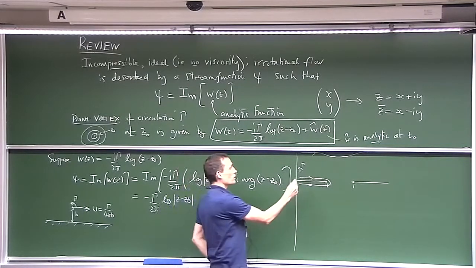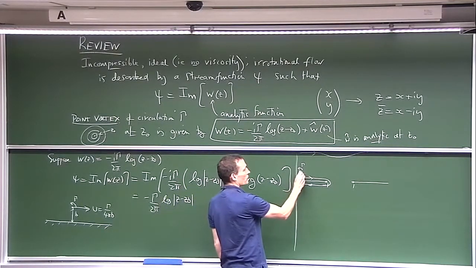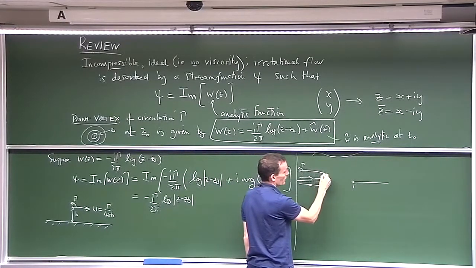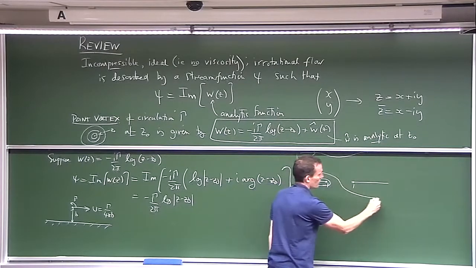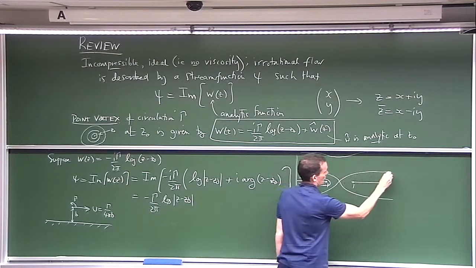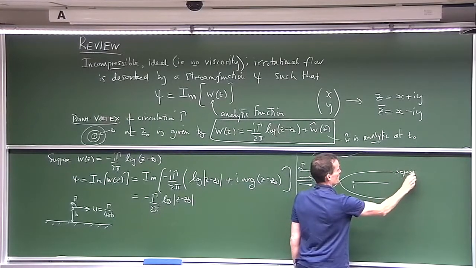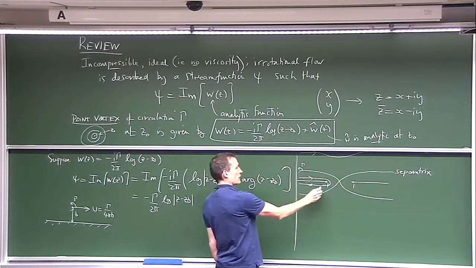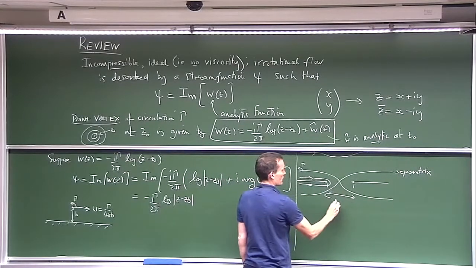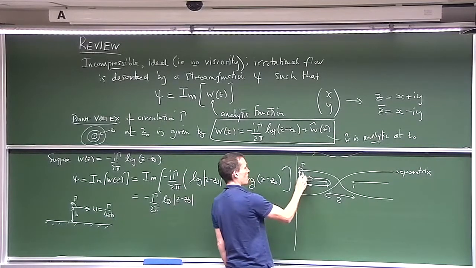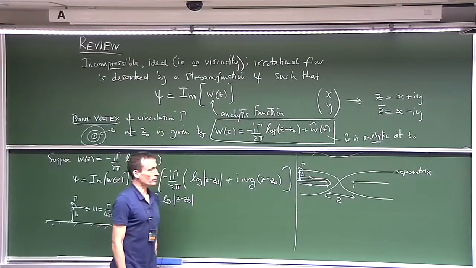Okay, and there's actually a critical separatrix between these two behaviors, which is symmetric with respect to the gap. This separatrix. And in fact, if the gap distance is 2, this height is 1. A critical trajectory.